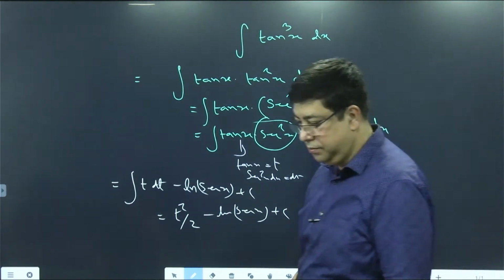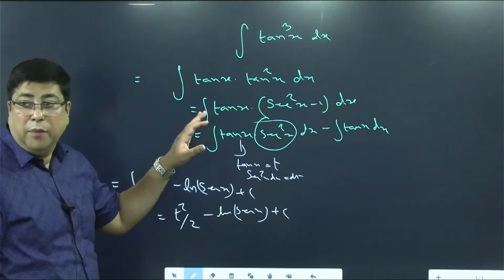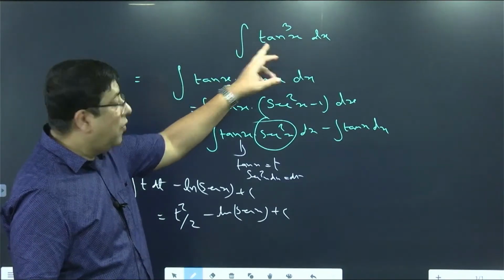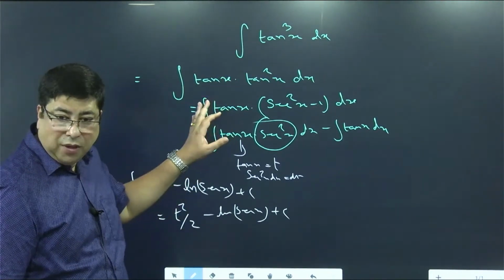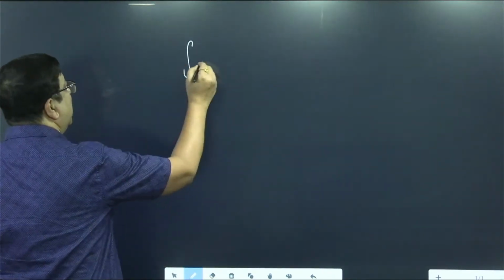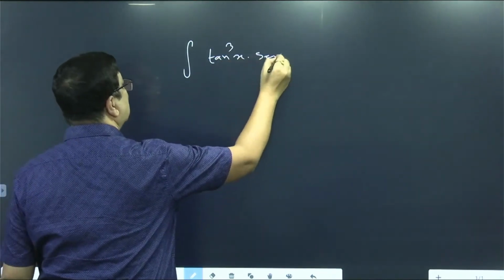Next sum. Everybody understood this? Instead of tan cube x, I am changing this, okay? If it is tan cube x into sec x, what will be done?